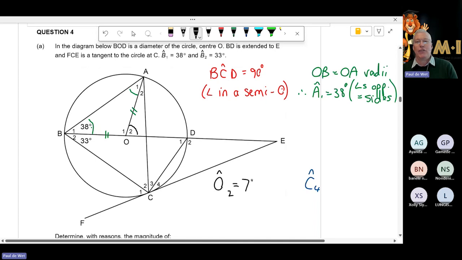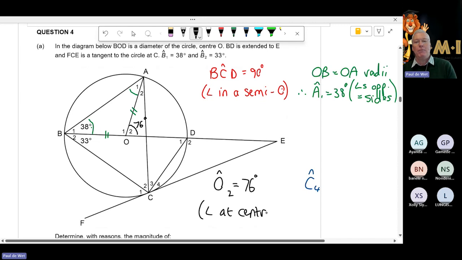So, guys, I love maths. I love the fact that there are three different ways of doing this. So O2 is 76 degrees. Someone said angle at center, and you are 100% correct.